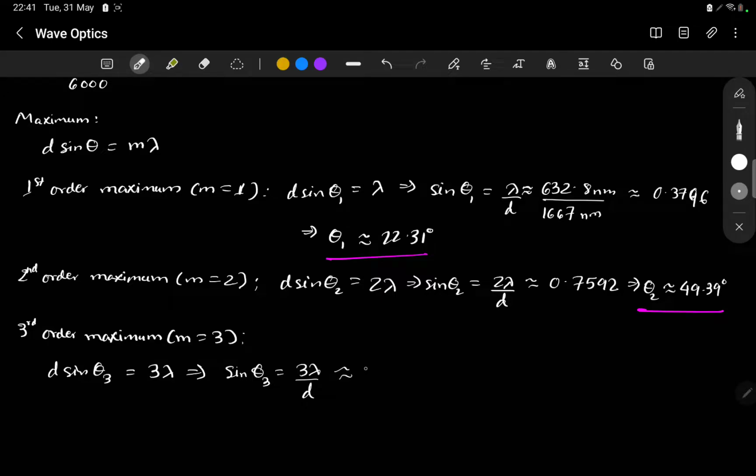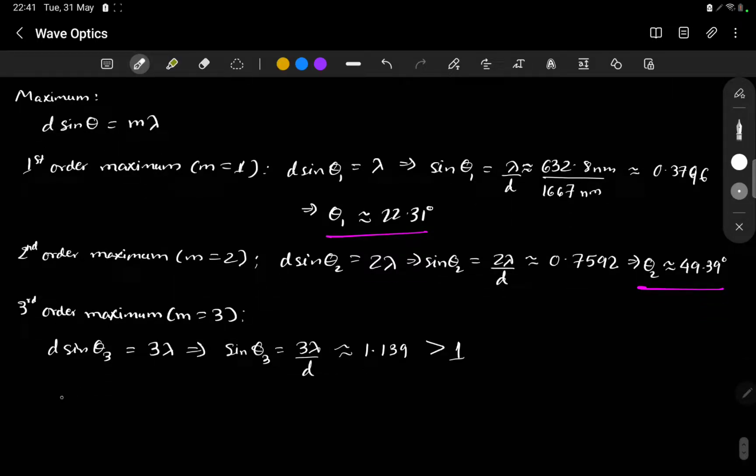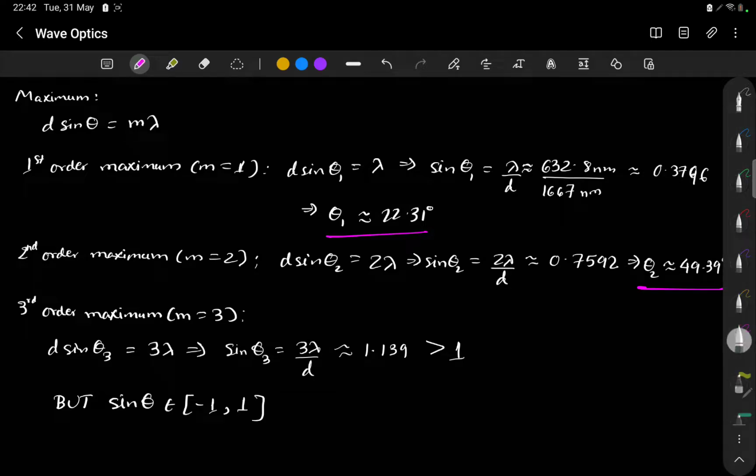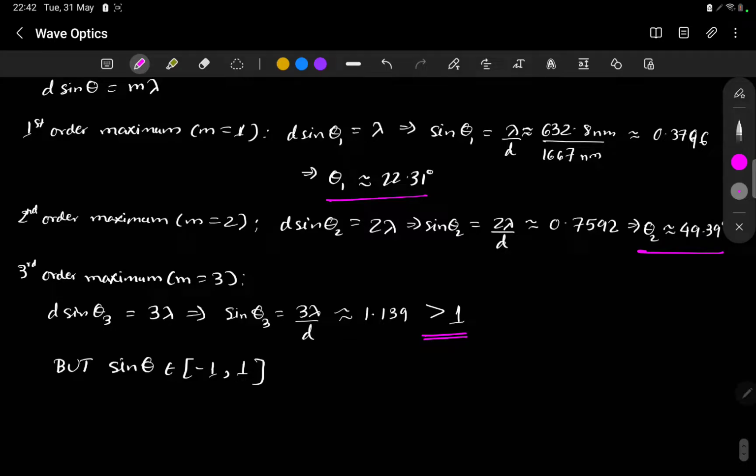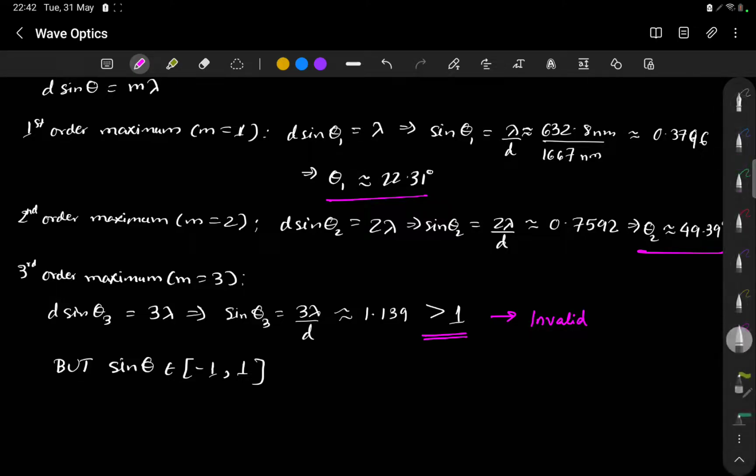Now this comes out to be roughly 1.139, which is greater than 1. But we know that sine theta is bounded between -1 and +1. So this condition of sine theta being greater than 1 is an invalid condition, contradictory. This is impossible.